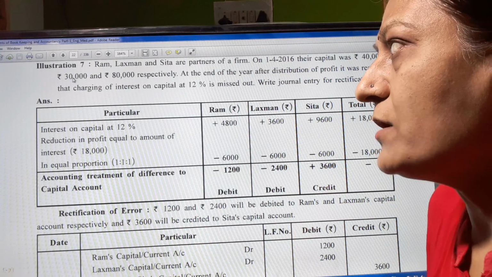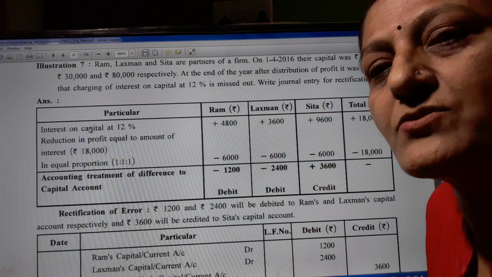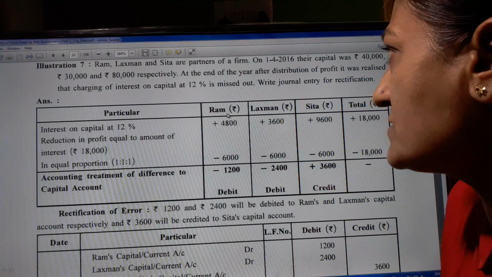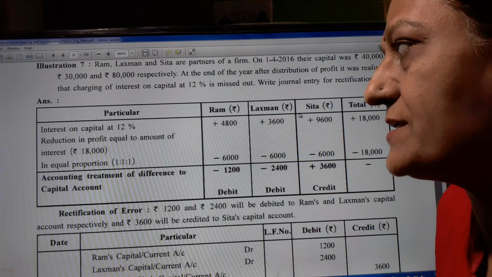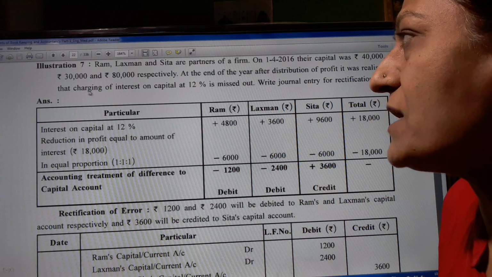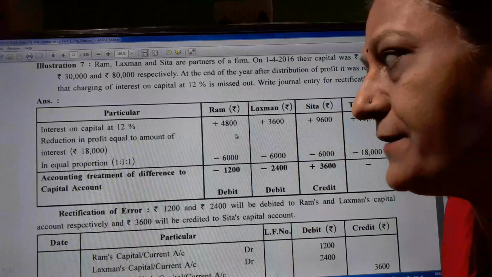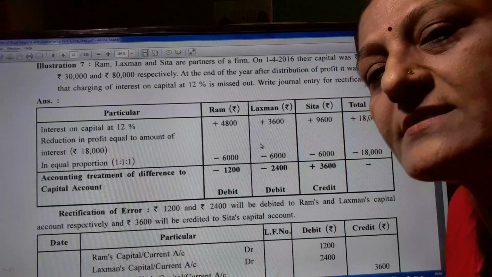So first of all, what is the interest on capital? First we calculate the interest on capital. Here capital for Ram is 40,000, Lakshman 30,000 and Sita 80,000. 40,000 into 12 upon 100, then we get 4,800. 30,000 into 12 upon 100, then we get 3,600.